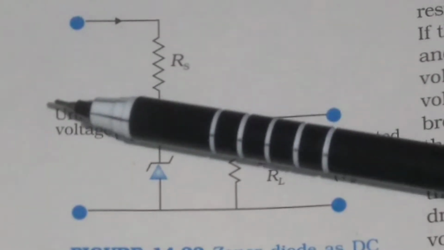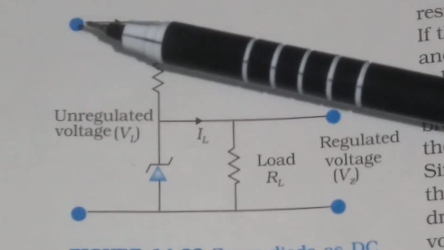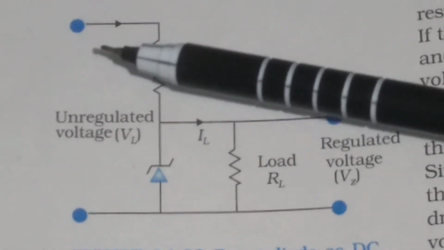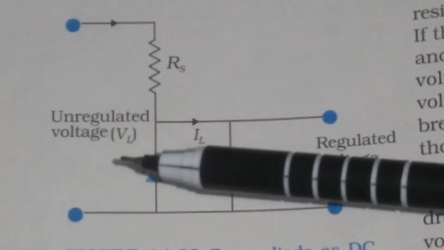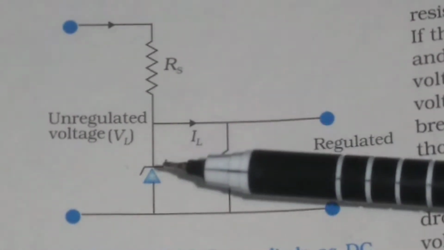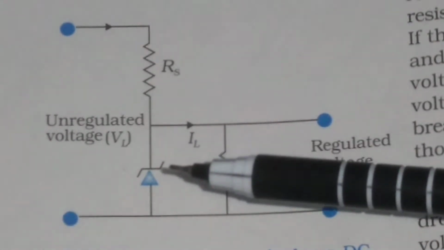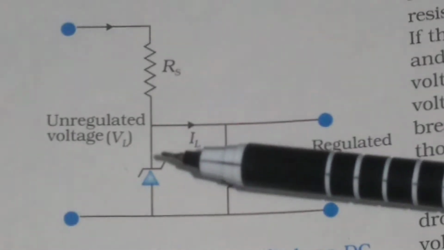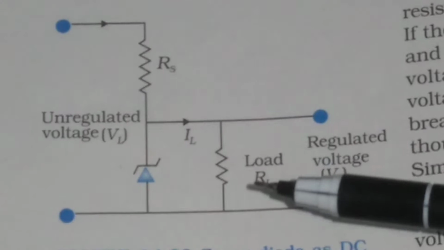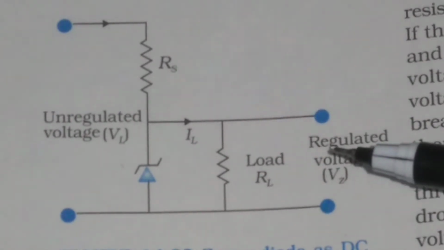After passing through the filter circuit, the ripple can be eliminated, but the output may still be an unregulated voltage supply, so we have to use a regulated power supply by means of a Zener circuit. This is the Zener diode, this is the series resistor, and this is the load resistor where we get the regulated output voltage.